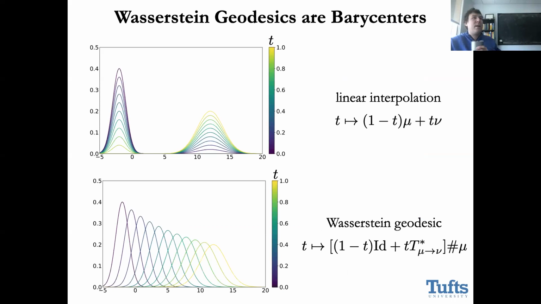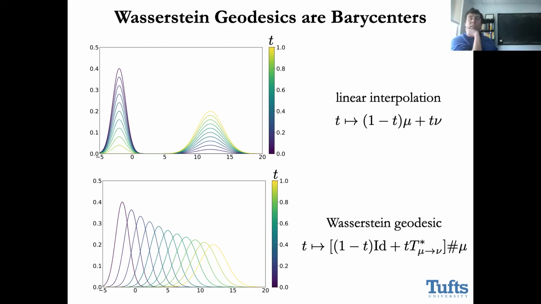Let me make one comment about the connection between Barycenters, geodesics, and Wasserstein space. If I think about taking a path between two one-dimensional probability measures, what I'm showing you here on the top is a blue Gaussian centered at about -2.5 and somewhat concentrated, and this is in one dimension, and a yellow Gaussian centered at about 12.5, a little bit more diffuse.